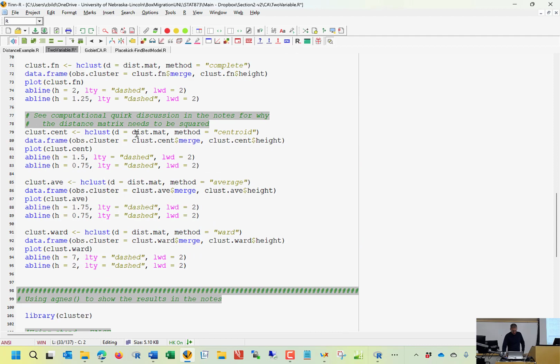So in other words, all you need to do, it is correct on the web, is specify centroid, but you need to give it a set of distances that are squared. So if I just simply take dis.mat, square it, caret sign 2, this is what's going to get me. Now why?